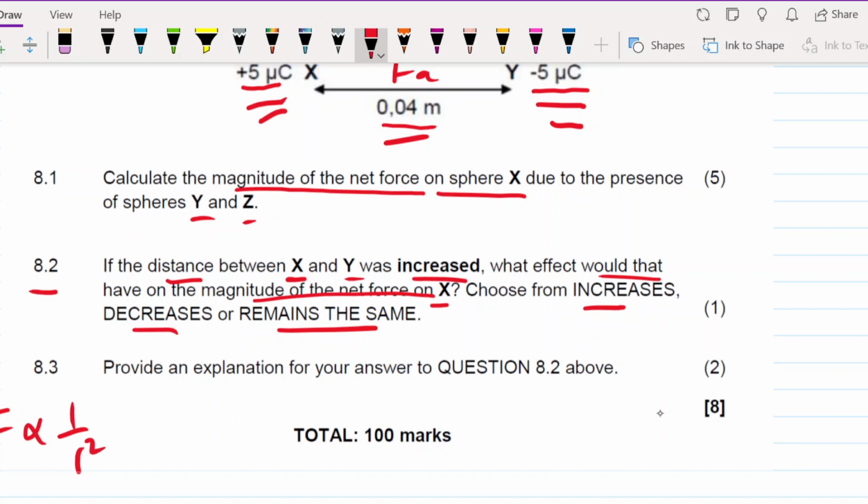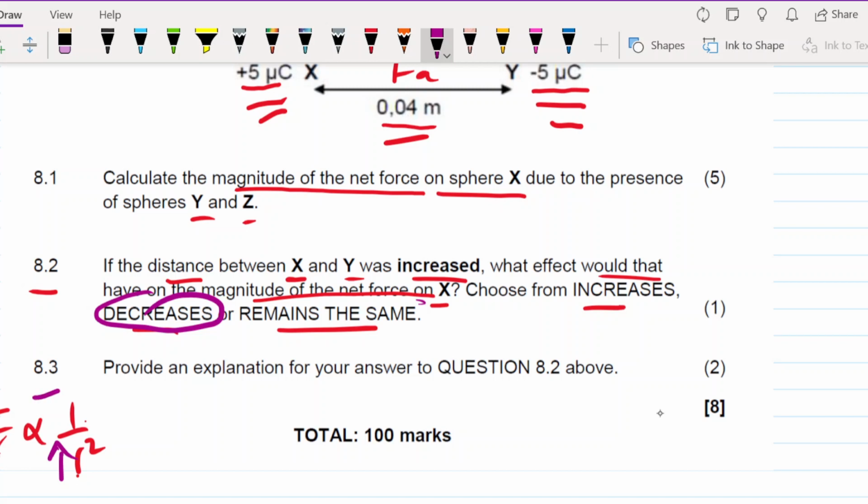As stated in the law above, the electrostatic force between two charges is directly proportional to the product of the charges, but inversely proportional to the square of the distance. If this distance is increased, obviously the net force will decrease. So the answer here is it decreases.